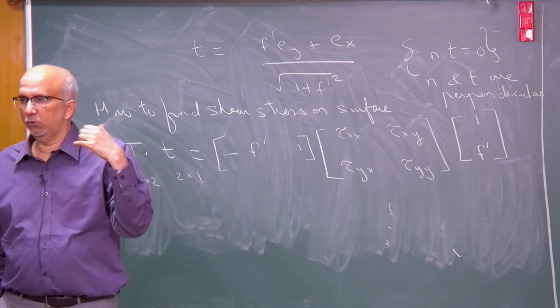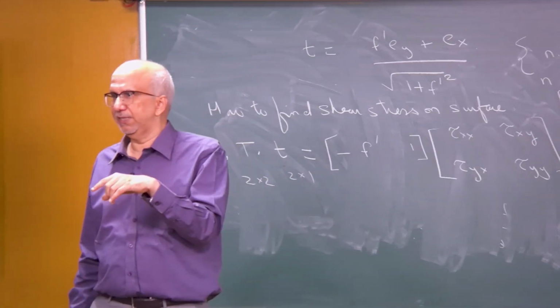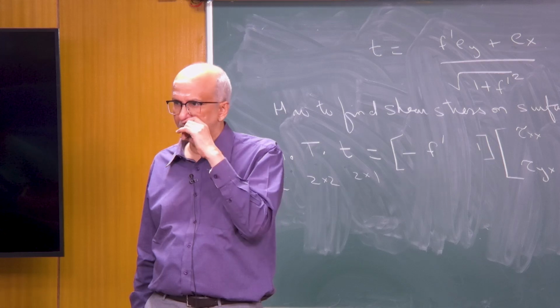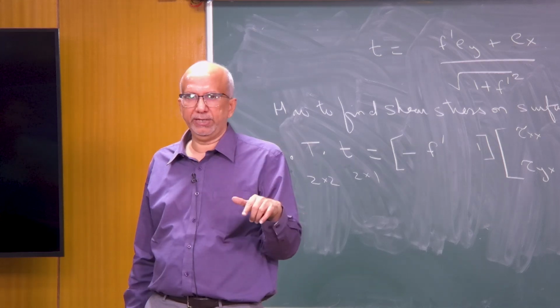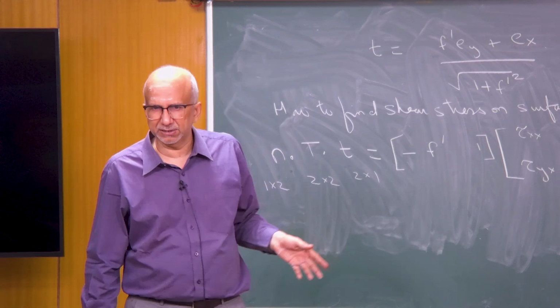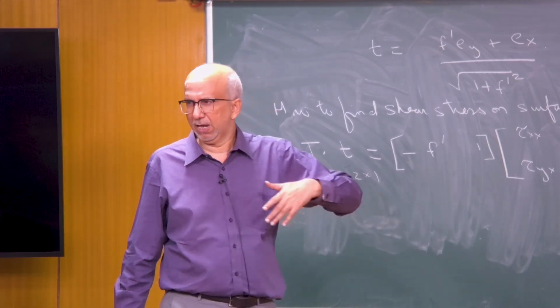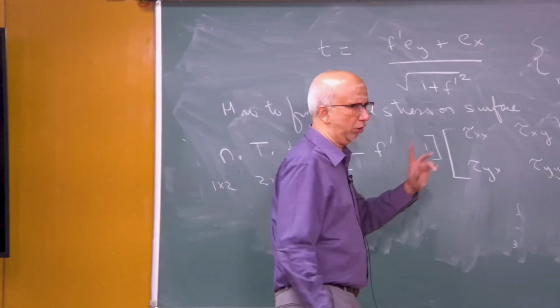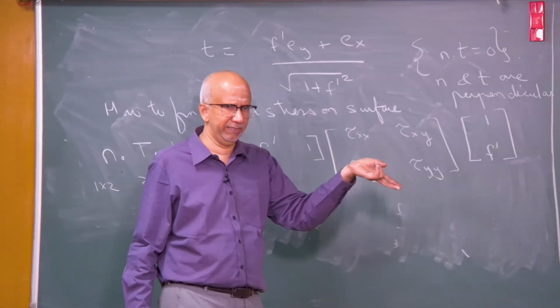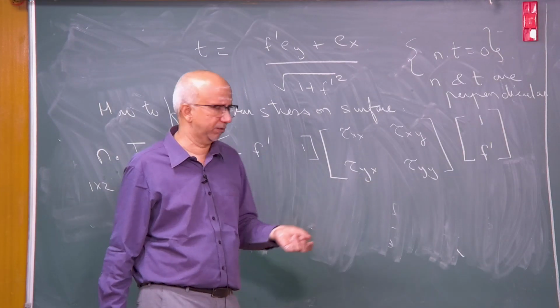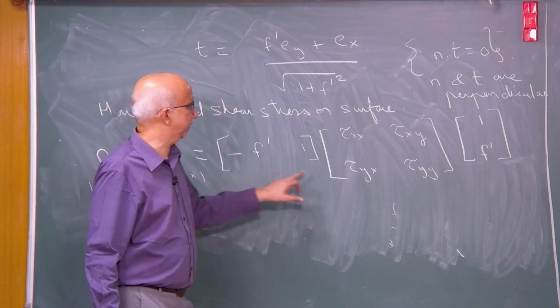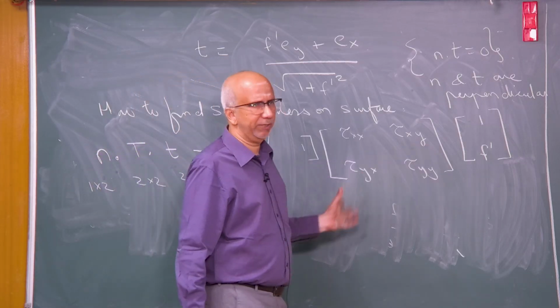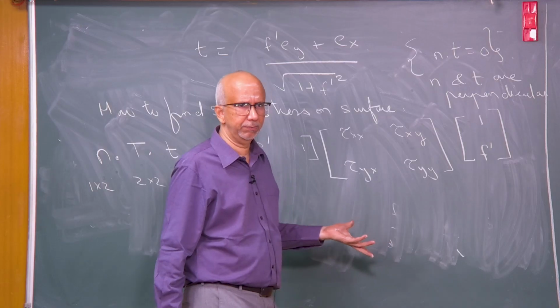X is my first direction, so that is my first component. You can also do the same thing using the Ei Ej, what we discussed earlier, and you should get the same result. But I think this is much easier for me, and maybe for you also, so you can do this matrix multiplication. Matrix multiplication and this Ei Ej should give you the same result. So, you multiply this matrix and you will get a scalar at the end of the day.